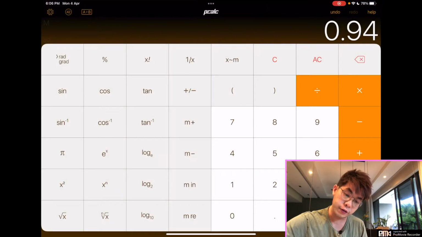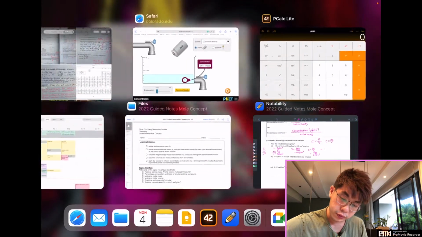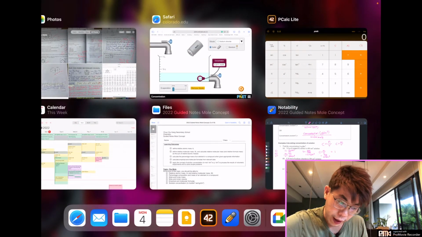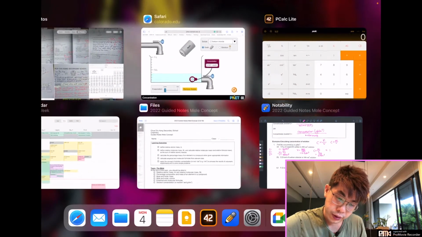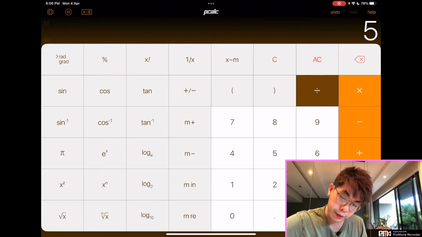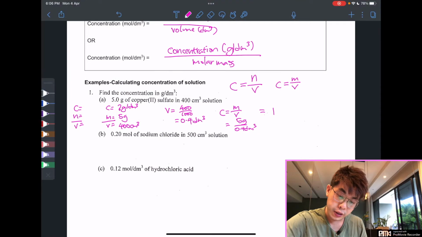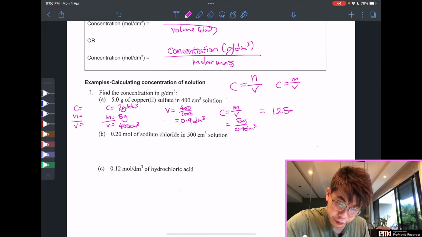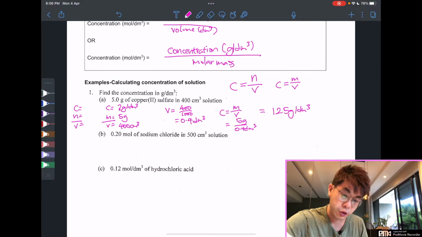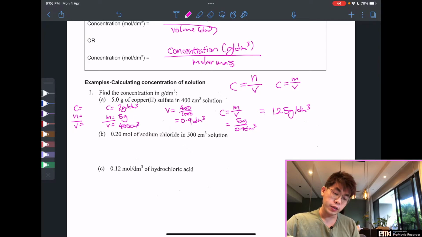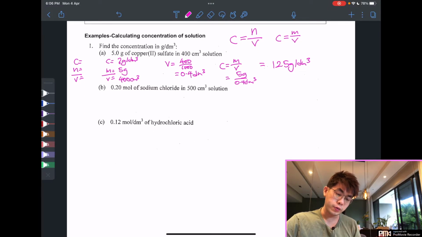So what do I have here? It's 5 divided by 0.4, 12.5. So 12.5 grams per dm cube. Okay, let's look at the next one.